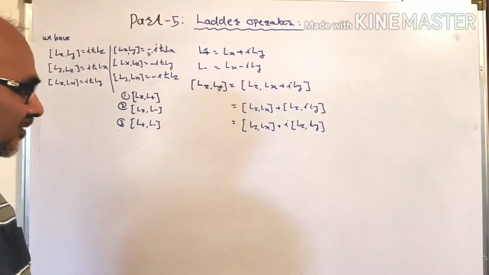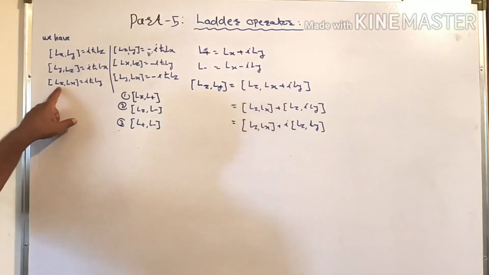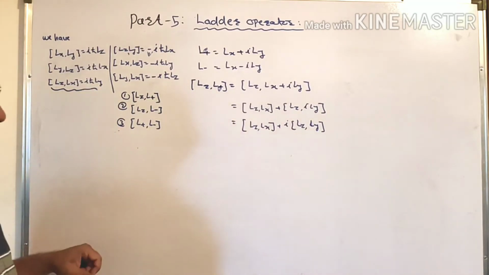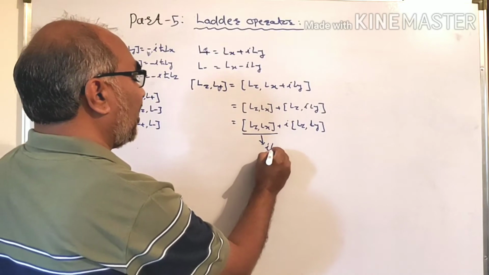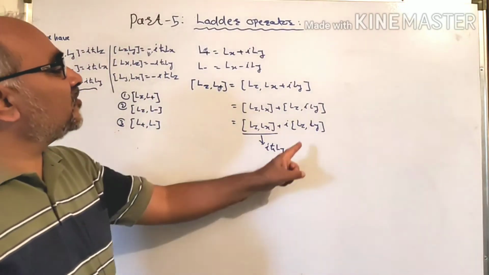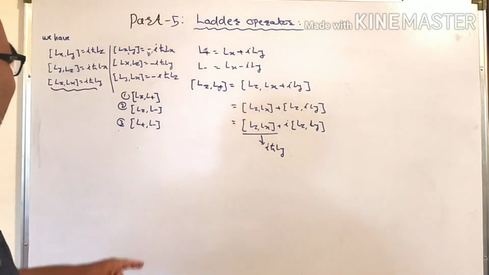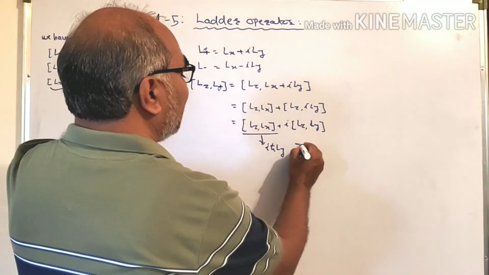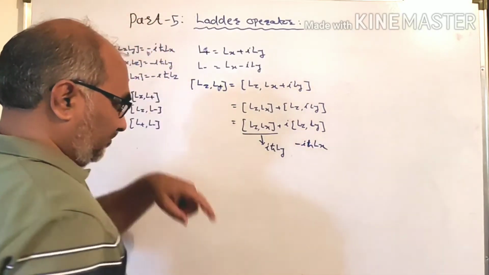From the commutation relations, [Lz, Lx] is equal to i h cross Ly, and [Lz, Ly] is equal to minus i h cross Lx.